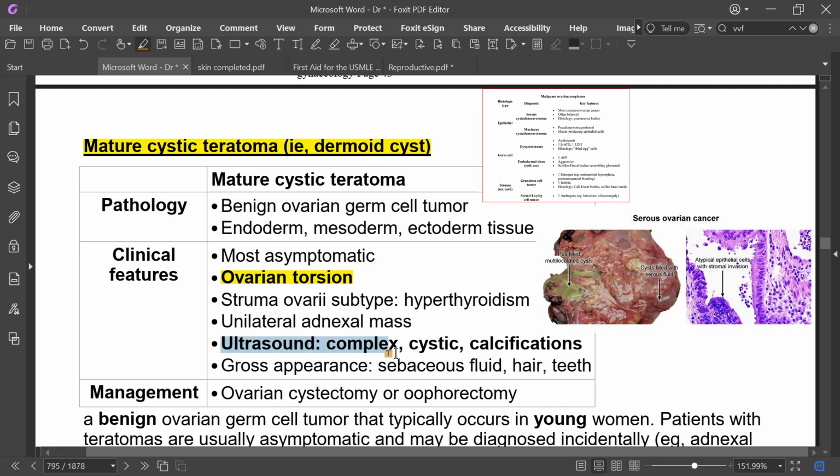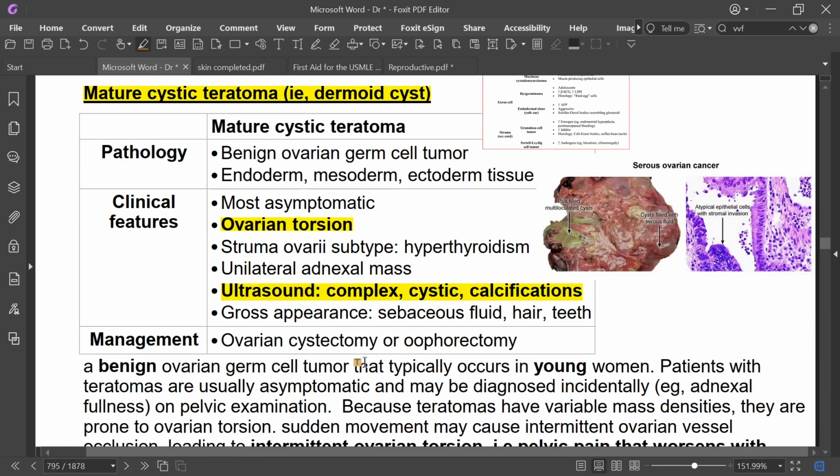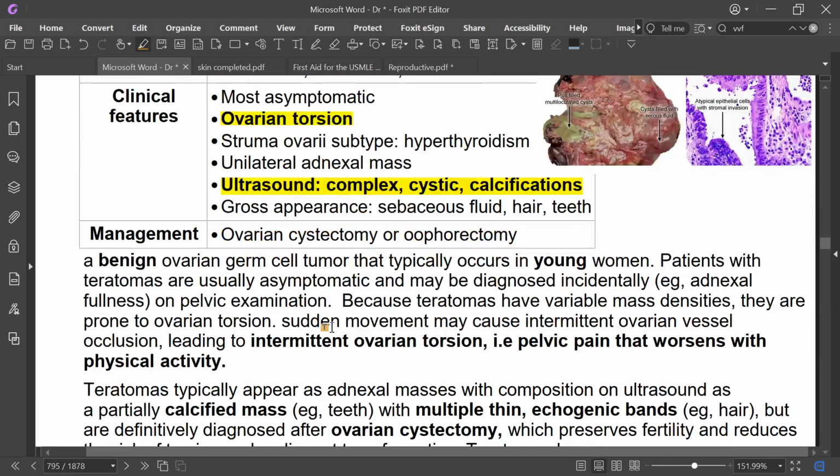In mature cystic teratoma or dermoid cyst, there is complex cystic calcification. As it is a teratoma, all sorts of things we can get. Gross appearance: sebaceous fluid, hair, teeth. Ovarian cystectomy or oophorectomy may be done.